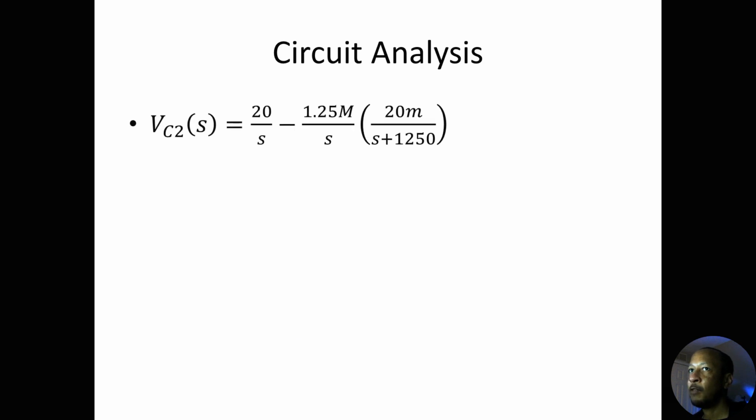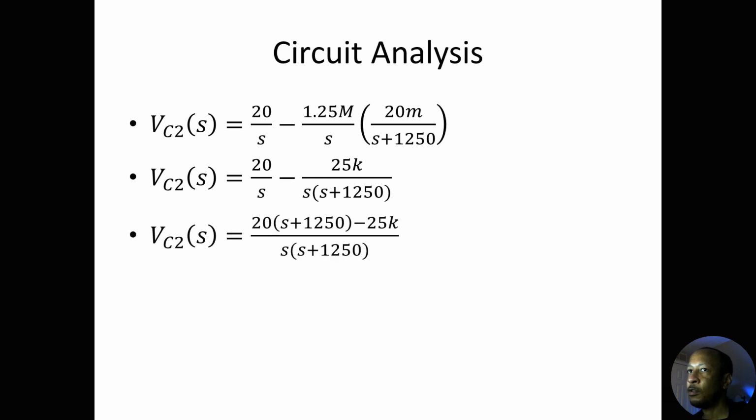Okay, so next we have VC2 of S equals 20 over S minus 1.25 meg divided by S times 20 milli divided by (S plus 1250). Next we have VC2 of S equals 20 over S minus 25K divided by S times (S plus 1250).